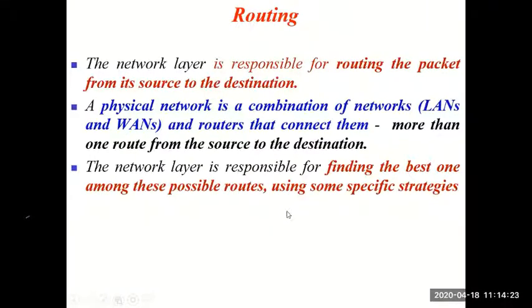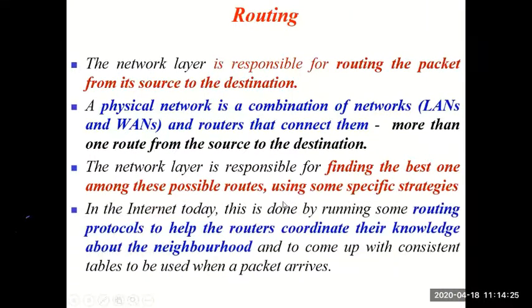Among all the possible routes, which is the best route? How do we do it? We do it with the help of some routing protocols which are already in use today. We'll be studying that in the next module, module 4, where we'll study 3 different routing protocols which help us find the best possible route from a source to the destination.